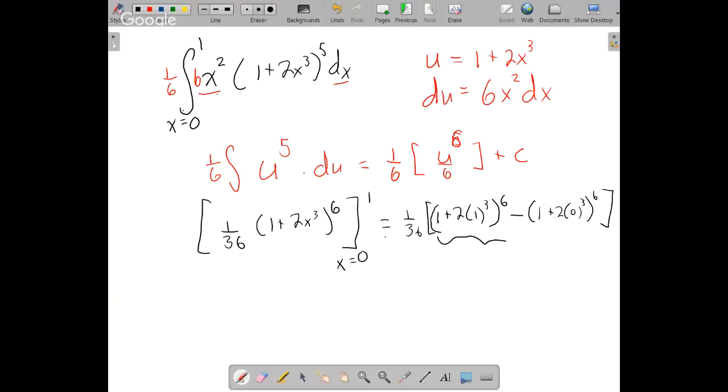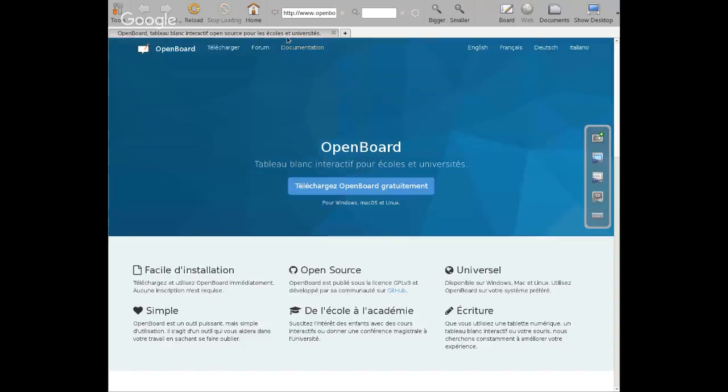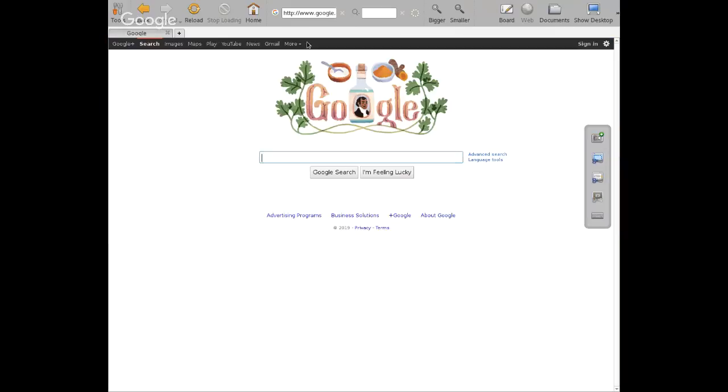Cleaning this inside up here, I get 3 to the 6th power minus 1 to the 6th power, and 3 to the 6th power is off my calculator radar, so I'll clean that up in a minute. And I have 1/36 times that. So let's see, calculator. Bring up a web page here, and we'll go to google.com.